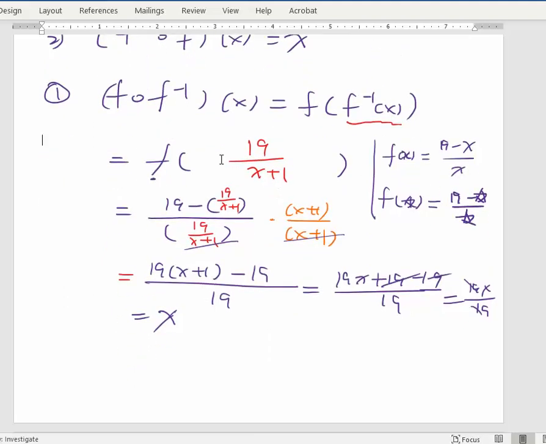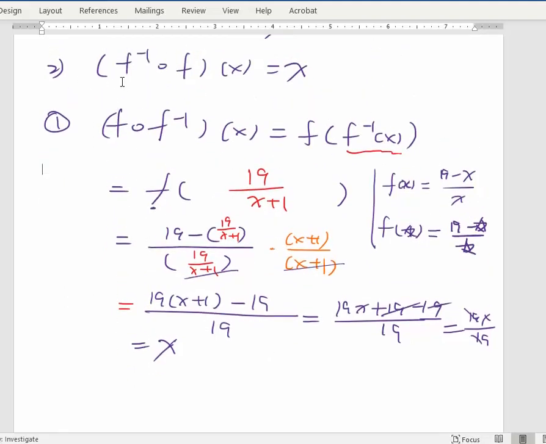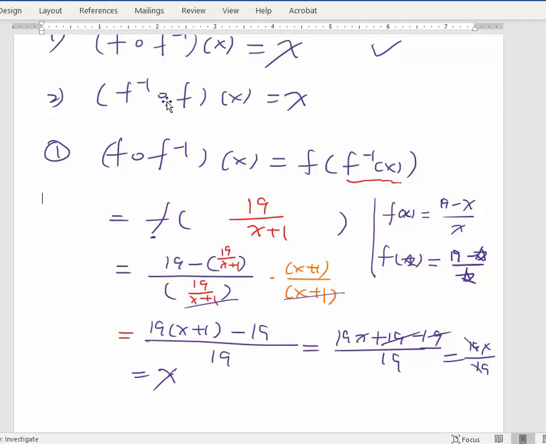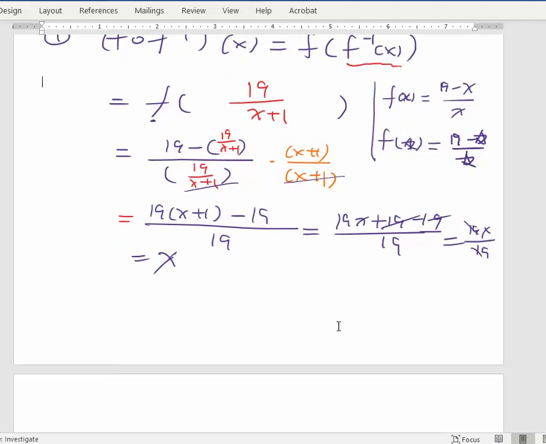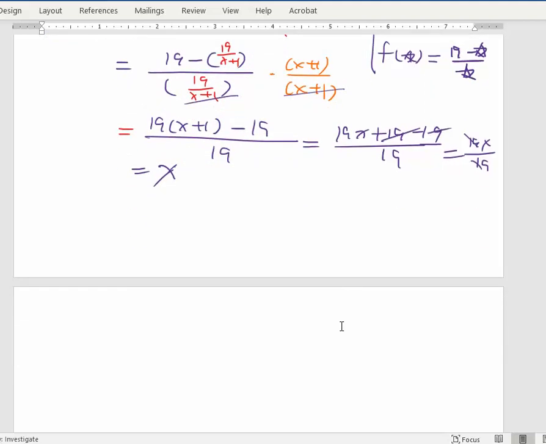And we're going to do similar steps to prove the second one. If I put the inverse in the front compared to the original one, this is also equal to x. So second step, we have f inverse composite f. We're going to prove this is also equal to x, and we'll do the calculation.